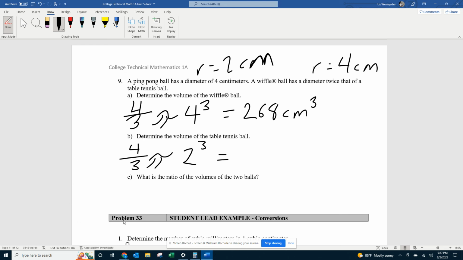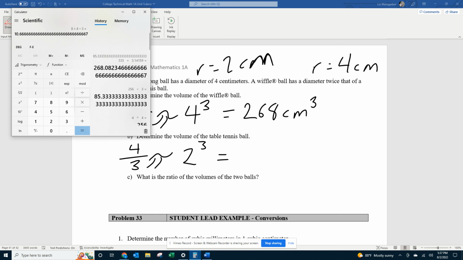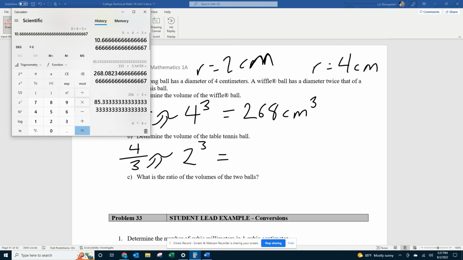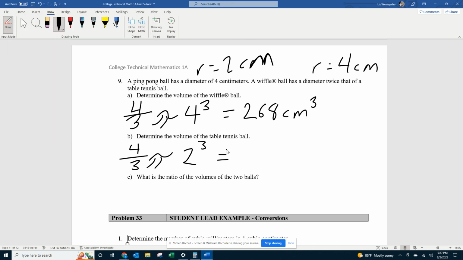So 2 cubed is 8. 8 times 4 divided by 3 times pi, 3.14159. And we get 33.5. And that's just an approximation.